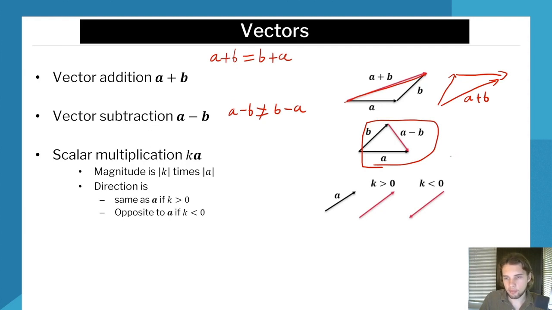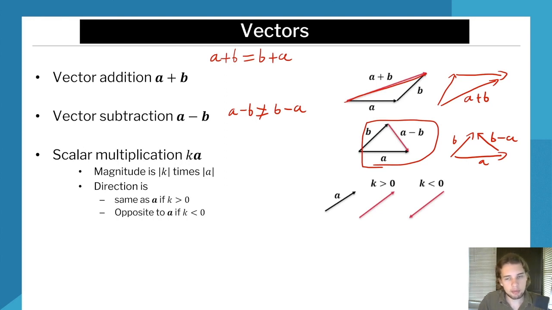We have a and b. Now b minus a goes in the opposite direction. So it might have the same magnitude, but it doesn't have the same direction. It actually has the direct opposite direction. So they are not commutative in terms of subtraction.